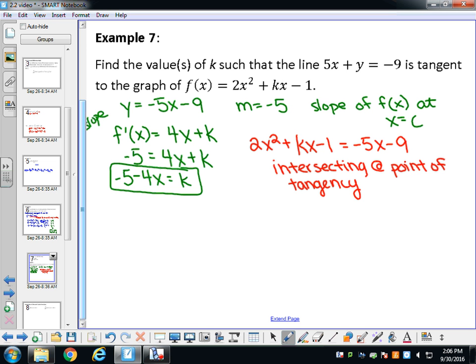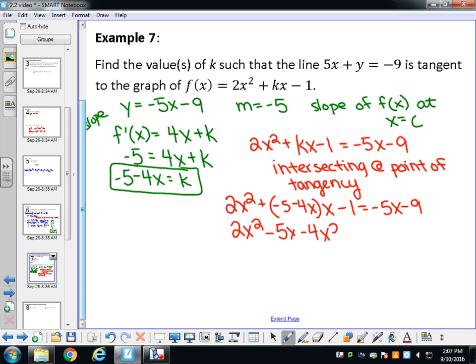Now, even though this equation has two unknowns, I can use substitution and plug in what k is. So I get 2x squared plus negative 5 minus 4x, times x, minus 1. So then I end up getting 2x squared minus 5x minus 4x squared minus 1.